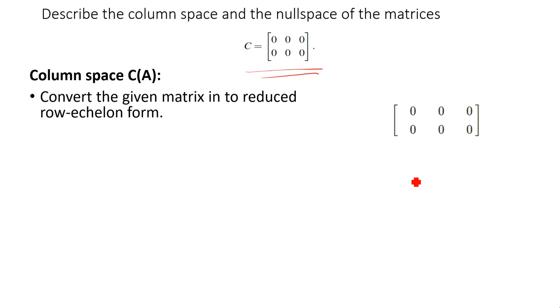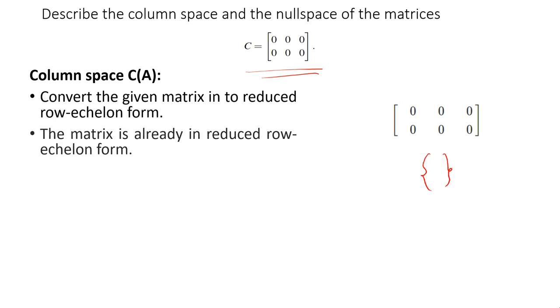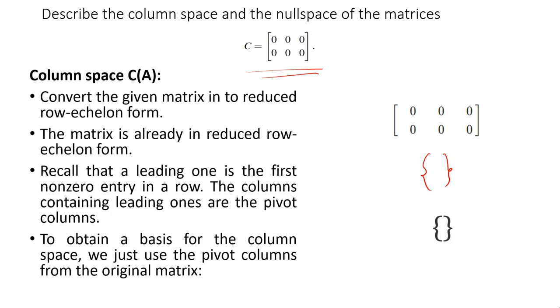If we don't find any pivot, then what could be the answer for the column space? It is the zero vector. The answer is the zero vector space. We don't find any vectors in the column space, so what could be the answer for the dimension of the column space of A? That is equal to 0. The meaning of this is that there are no vectors in the column space.